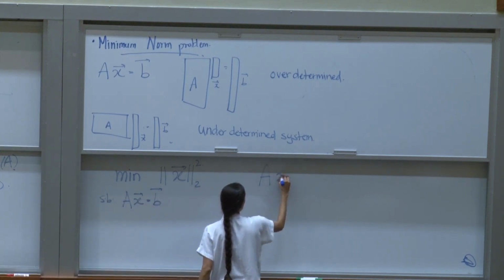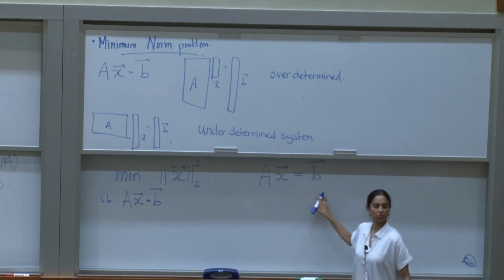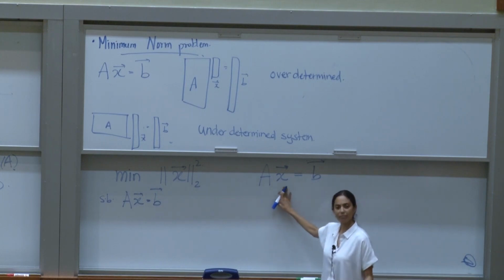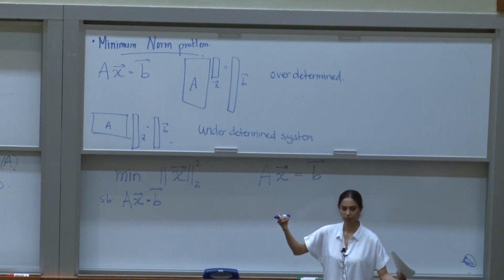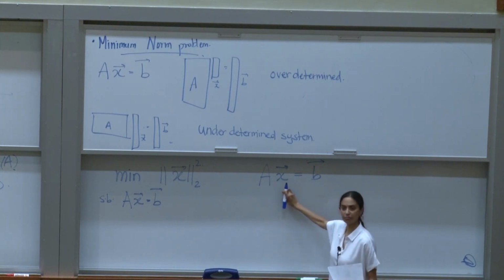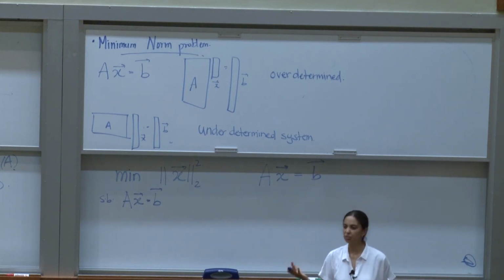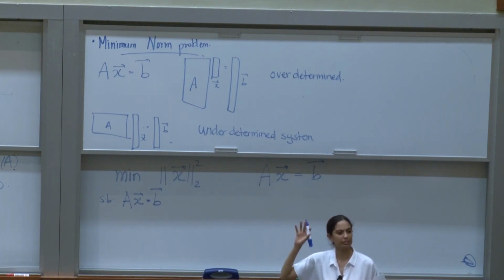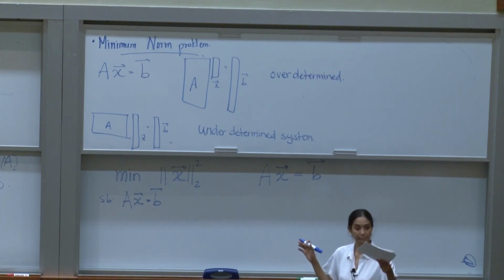If I have A times x equal to some b, I have all of this set of solutions. x can be thought of as the sum of different components. I want to make Ax equal to b. Are there some parts of x that might be wasteful in general? Is there something that we've been thinking about that suggests that there might be something wasteful that could be included in x, and we want to remove that to get the minimum norm? Yeah?